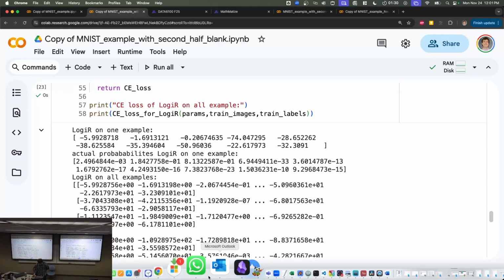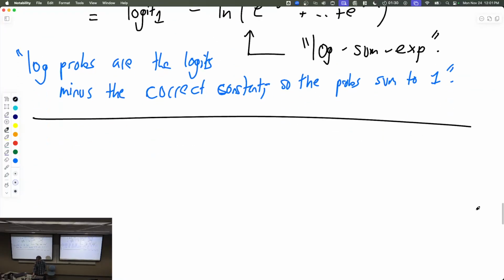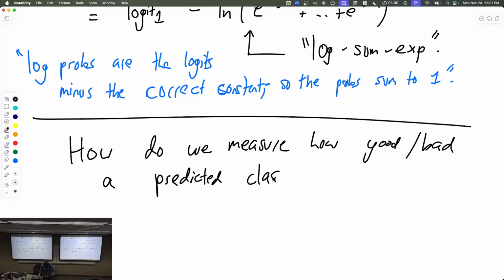The next question that we have to ask ourselves, and this is, again, a core, absolute staple of the course and what we're doing with our lives: how do we measure how good or bad a predicted class is? Absolutely essential.